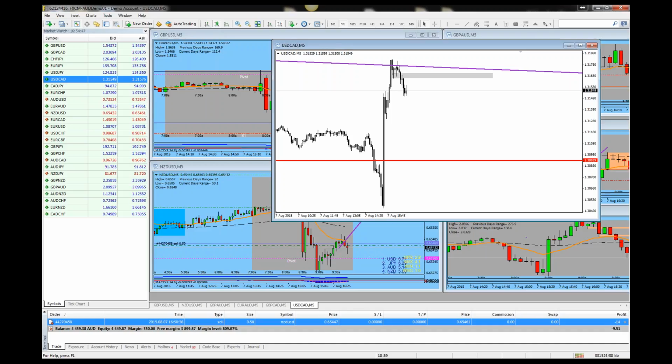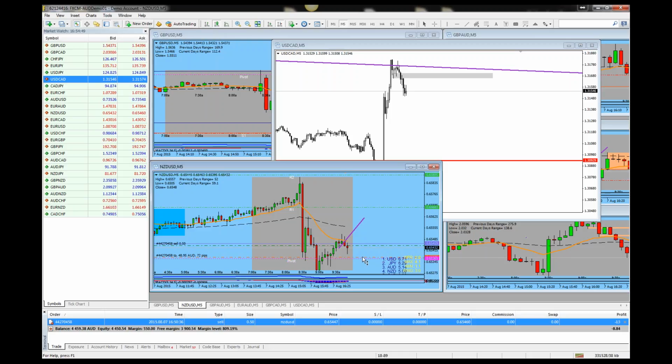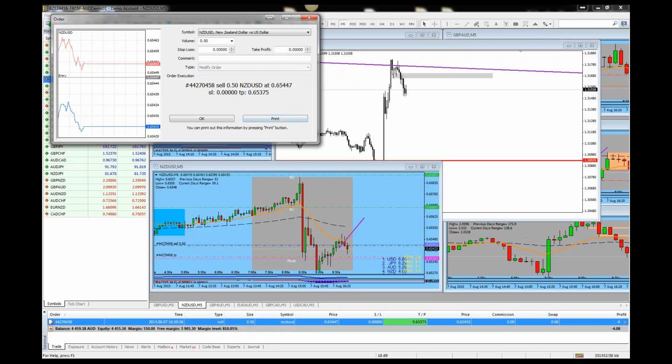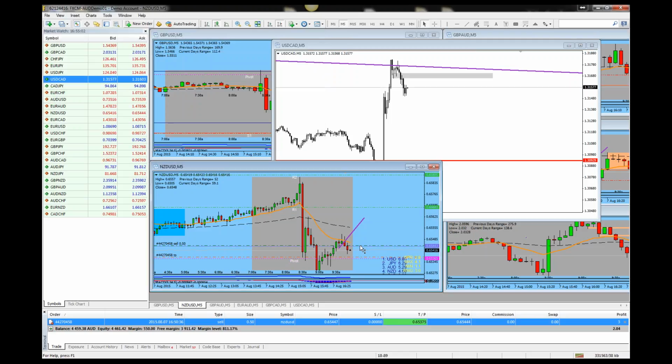Let me put a take profit in here. It's at 7 pips and 2. I'll leave it. 7 pips and 2 will give us the pivot. And then put a stop up here. 7 pips plus 2 is 9.